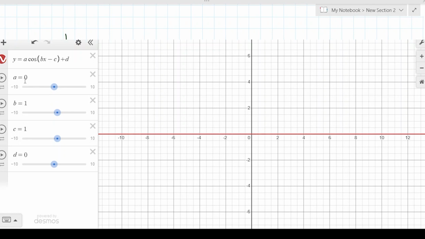So here at the moment the value of A is 0. You can see here this red line represents the graph of this complete expression. So when amplitude is 0, this is just a straight line because it makes everything 0, and its vertical translation is also 0, that's why it is on the horizontal line.